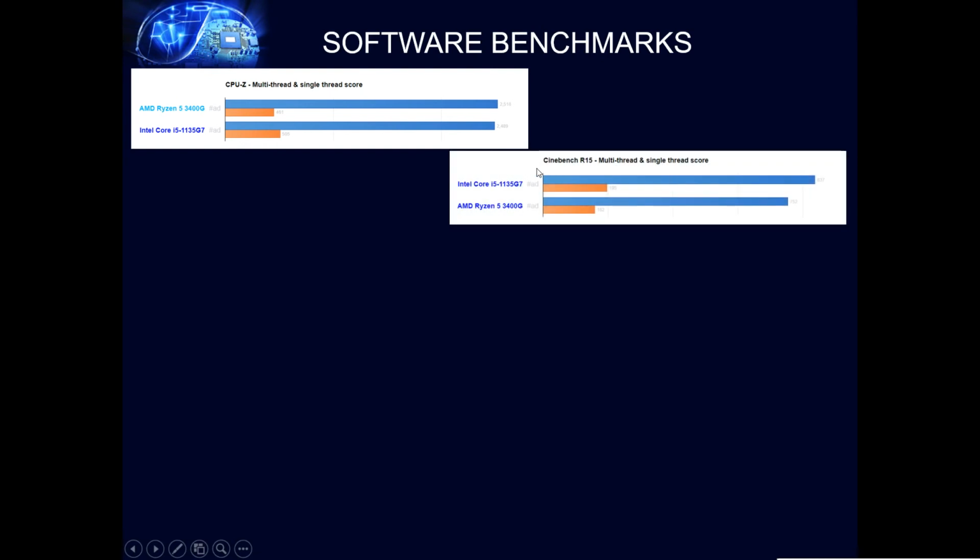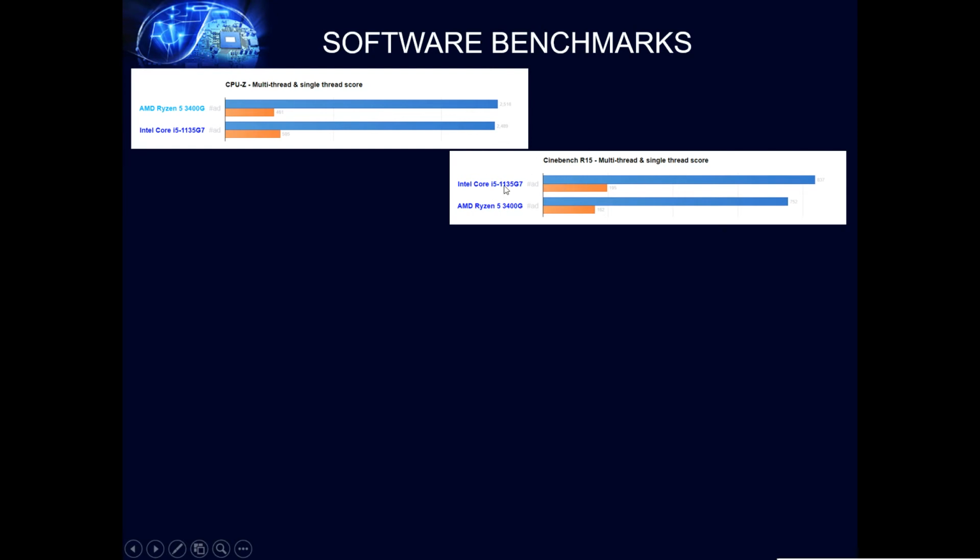Next we have a benchmark of Cinebench, multi-thread and single thread. 873 in Intel Core, while in Ryzen we have only 752. A single thread score is 195 in Intel Core and 162.